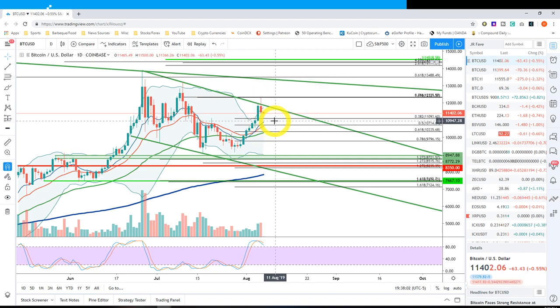It's close. So I'm expecting a touch of the 38.2 and the 10 EMA, and then we'll see what happens there, right? But I think eventually price probably gravitates back towards the 50-day moving average around 10.3, 10.4, something like that. And then on the futures chart, that would fill the gap.